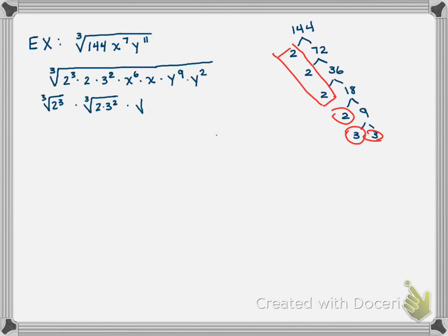And then I have the cube root of x to the 6th times the cube root of x times the cube root of y to the 9th times the cube root of y squared. So what's the cube root of 2 to the 3rd? Just 2.